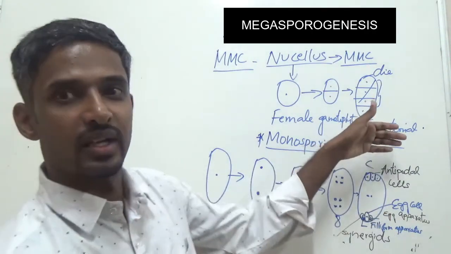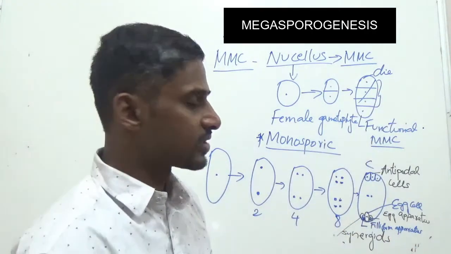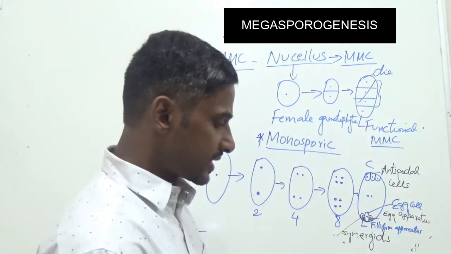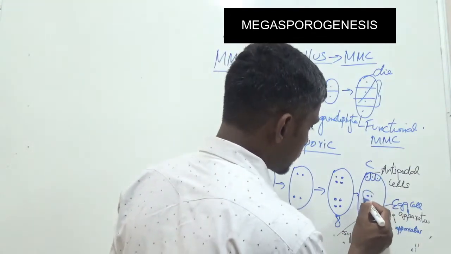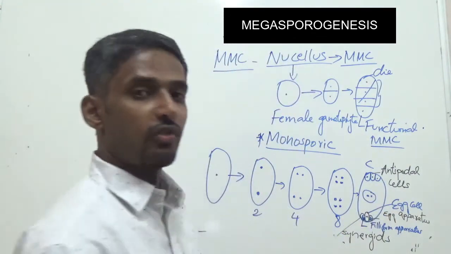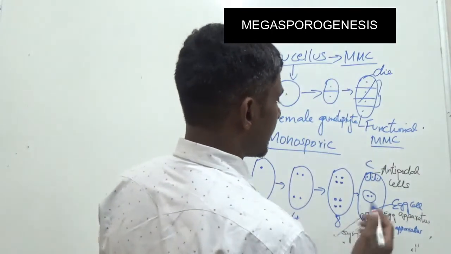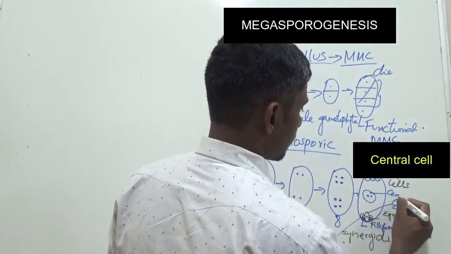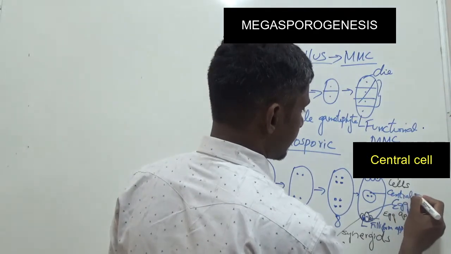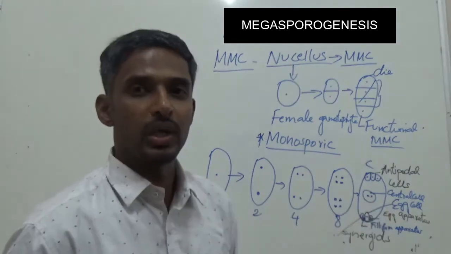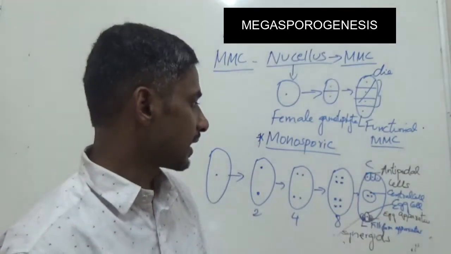Now we have 3 cells at the chalazal end, and 3 cells towards the micropylar end. Now we have another 2 nuclei left, and these 2 together will form 1 cell, and this cell is called the central cell. Since it is a central cell with 2 nuclei, it is diploid.